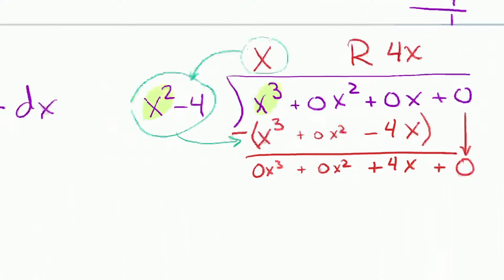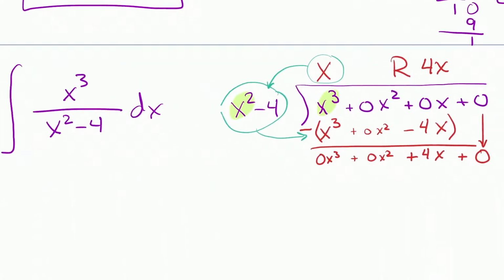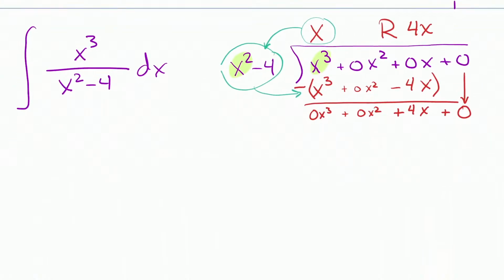So getting back to here, let me just write this down and then we'll see what sort of questions you have, because this is overwhelming. It is hard. It's going to take you a little bit to get used to. So what I have here is x plus 4x over x squared minus 4.